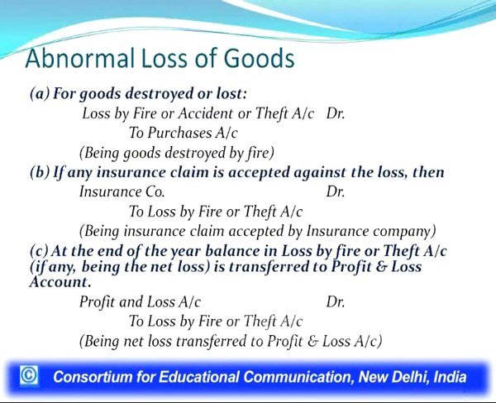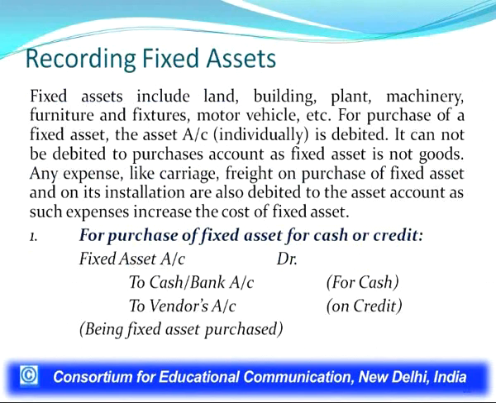So, for that net loss the entry will be profit and loss account debit to loss by fire or theft account. This net loss is basically the difference of the amount recorded in entry A minus the amount recorded in entry B, and in business such events are normal.